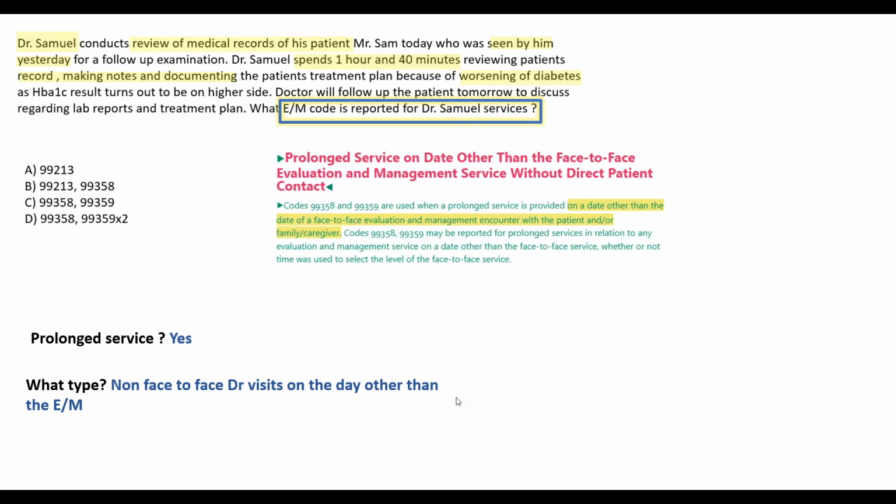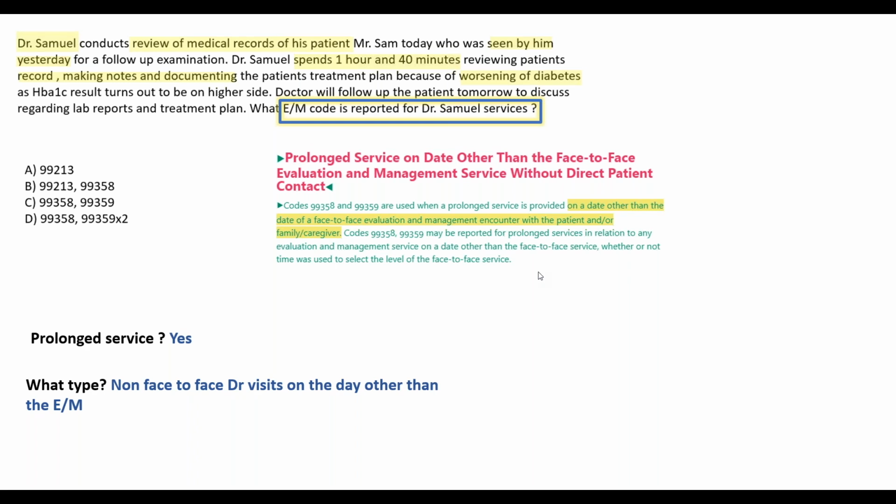And we have a guideline for this, the prolonged services on the date other than face to face evaluation and management without direct patient contact. It states that the codes 99358 and 99359 are used when prolonged services are provided on a date other than the date of face-to-face evaluation and management encounter with the patient and or family or caregiver.